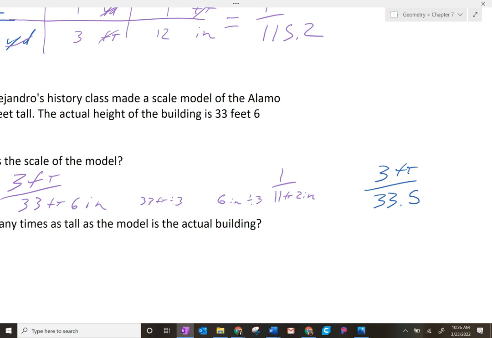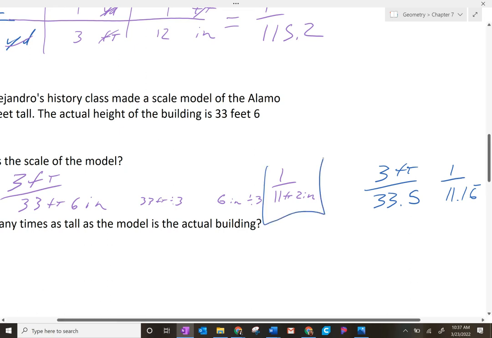At that point, I can go through and get my decimal here. 33.5 divided by 3, I'm going to get 1 over 11.16 repeating. So I'm good with this as my answer. I'm also good with that for the answer.